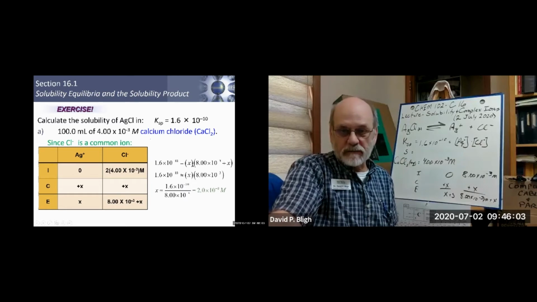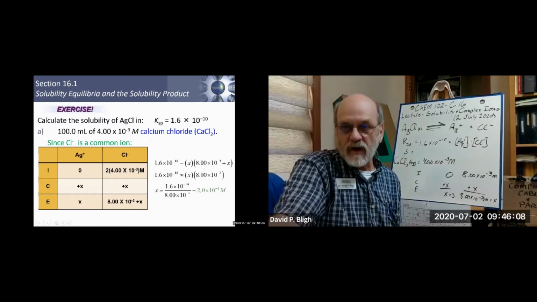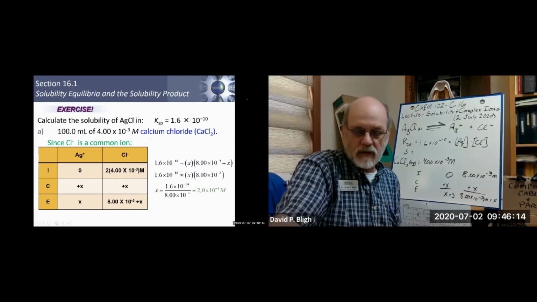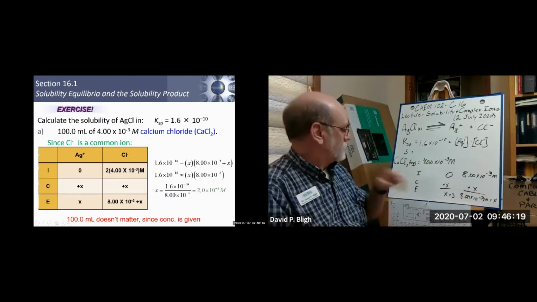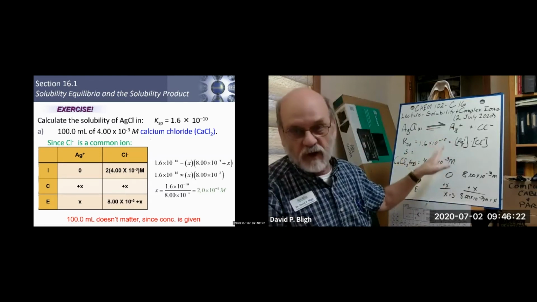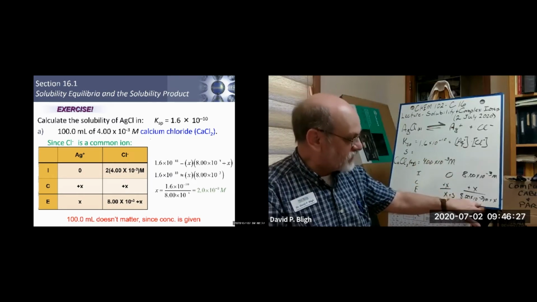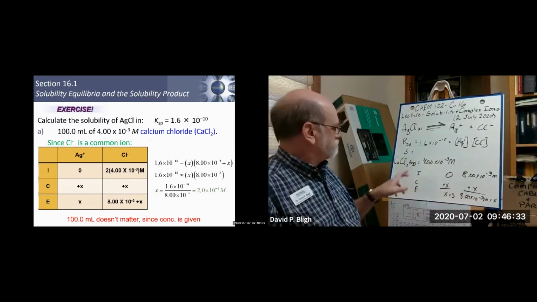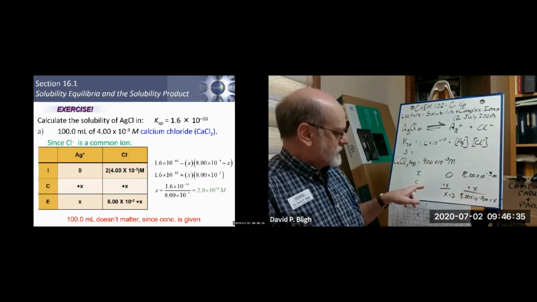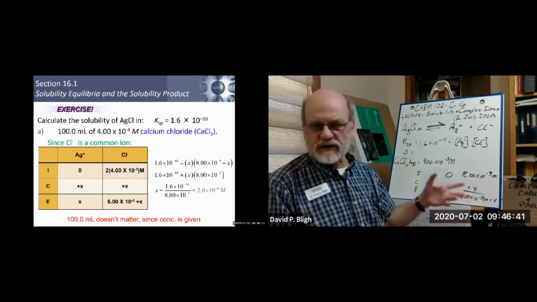And that's what we've done here. We've also assumed that because X is going to be very small, we know X is going to be very small. We've already shown that. It's going to be very small in relation to this value. Now, if this value was very close to the previous solubility calculation, what was it, 10 to the minus 5?